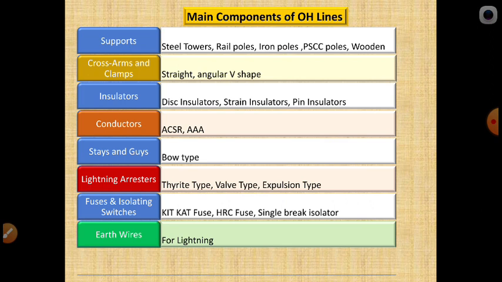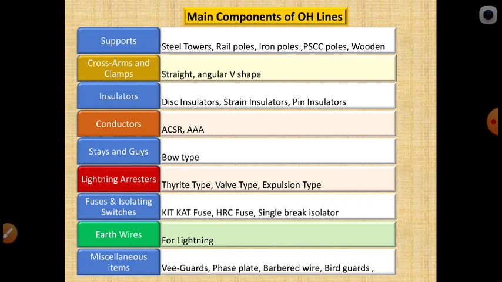Next, another accessory is the miscellaneous. What are the miscellaneous items? You can see other small items, V-guards. What is the help of the V-guards? These are provided below overhead lines running across public streets for the safety of the public. That means it is a guard.